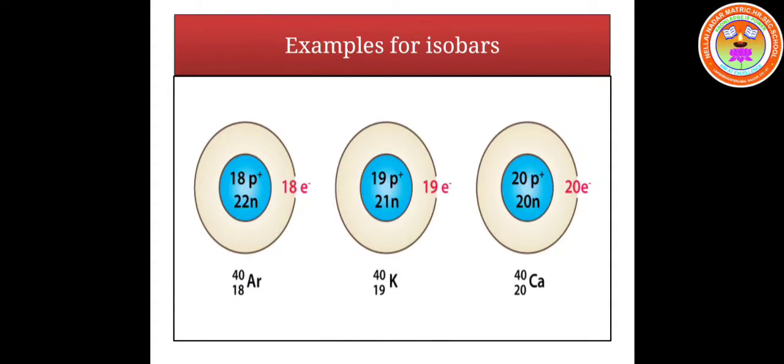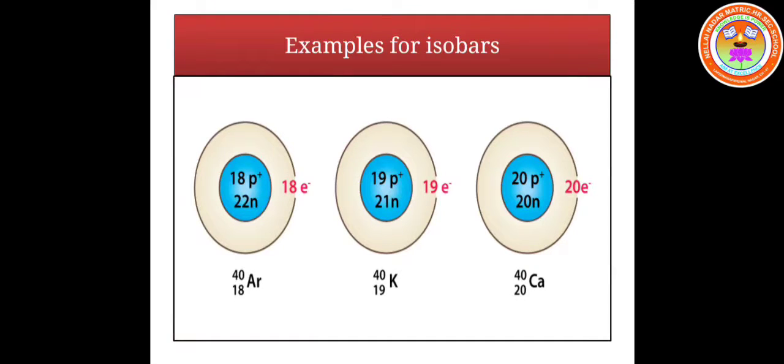Argon, potassium and calcium, these elements have the mass number 40. These elements have the same mass number but their atomic numbers are different. Argon has 18 as its atomic number. Potassium has 19 as its atomic number, whereas calcium has 20.